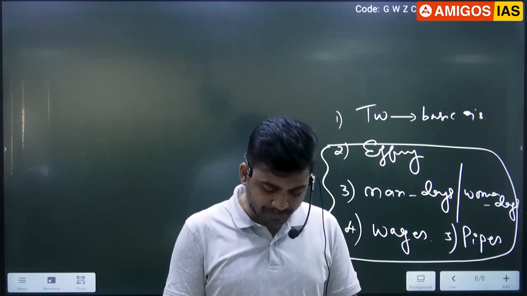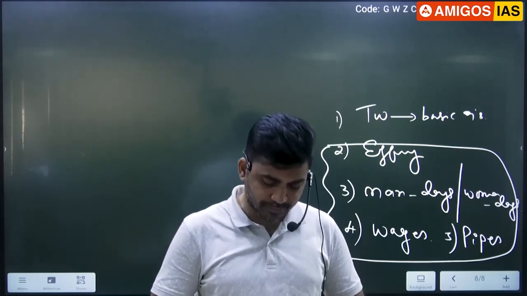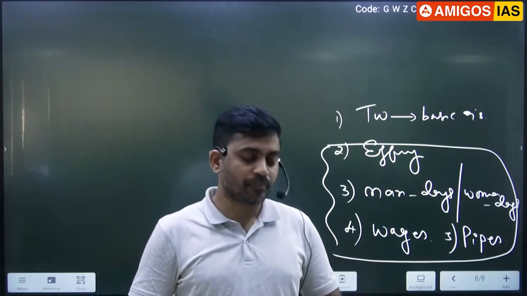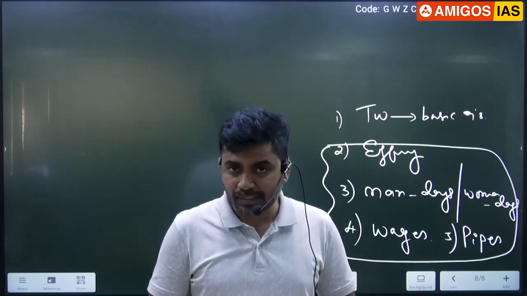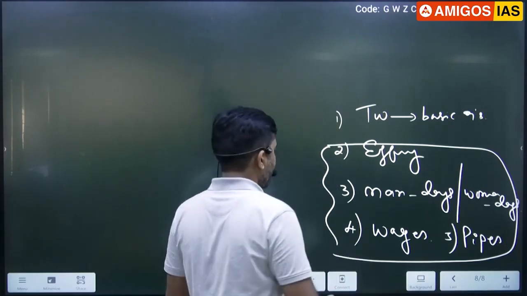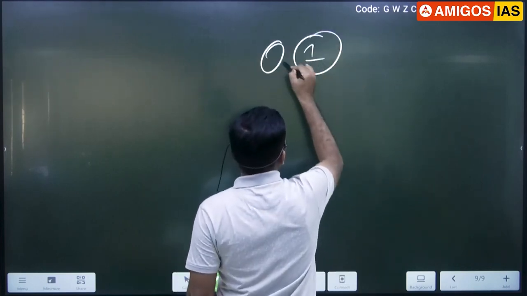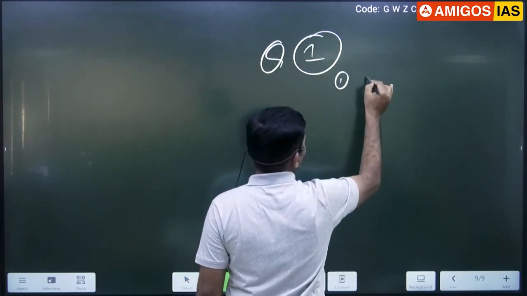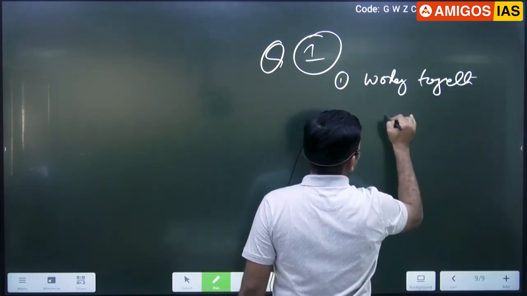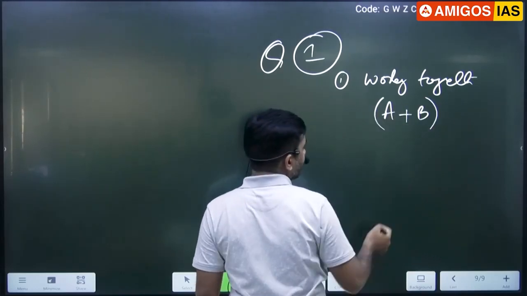Look at the first question. A is doing work in 10 days. B is doing work in 12 days. Find the number of days required in following conditions. Again, first question. If they work together, so both A and B are working.